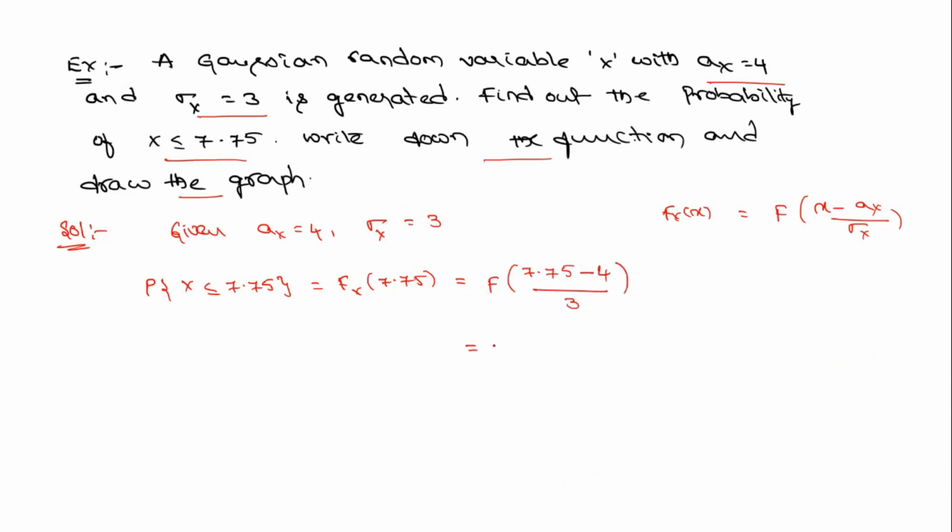By simplification, the probability of X less than or equal to 7.75 is equal to F of 1.25.